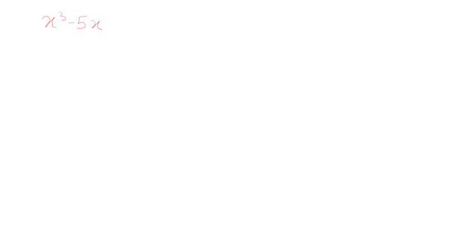So we were solving the following equation: x cube minus 5x plus 1 equals 0. Here the equation is in the form f of x equals 0. So I wish to write it in the form x equals some function of x.